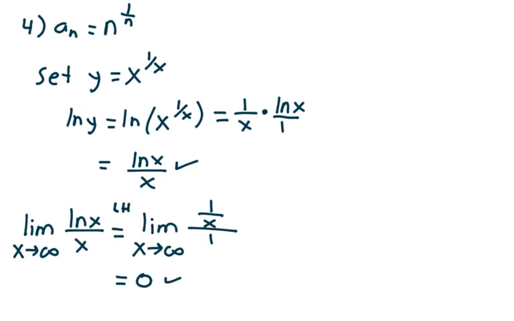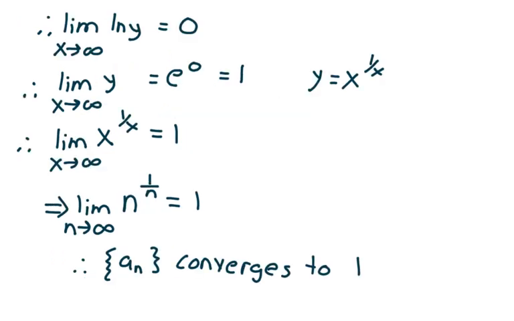So this is equal to 0. What does that say? The limit as x goes to infinity of natural log of y is equal to 0. So the limit as x goes to infinity of y is equal to e to the 0, and e to the 0 is equal to 1.